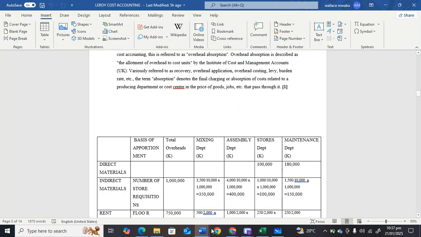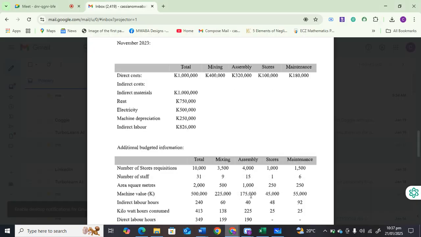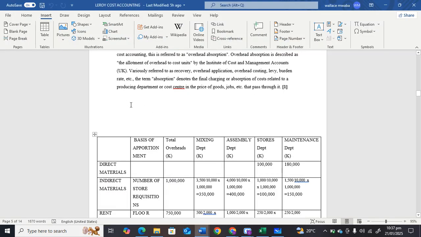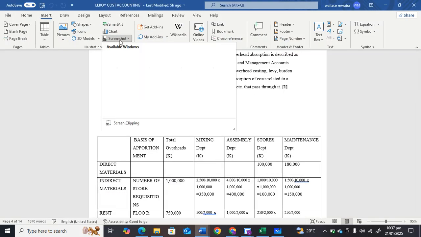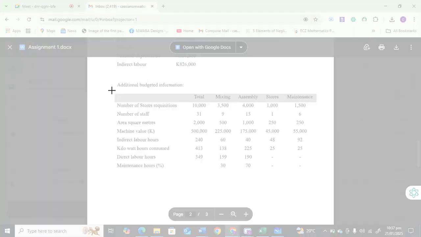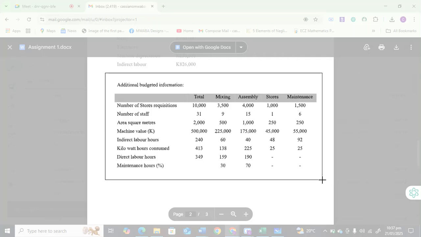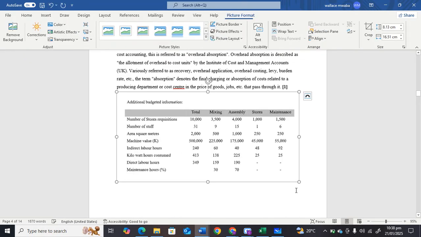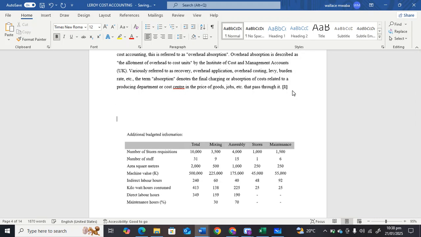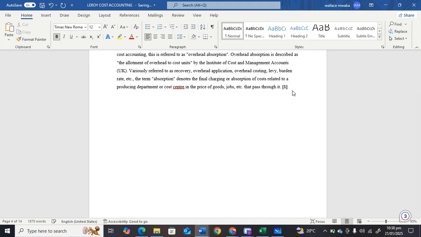So let me just get the budgeted information properly. Okay, so we'll be using this table to help us decide how to apportion the overheads.